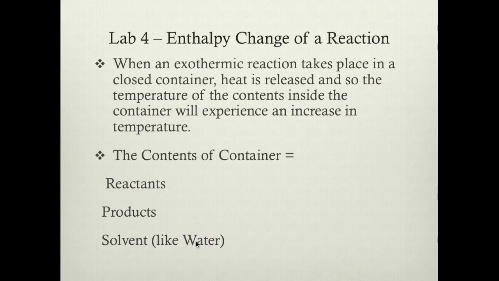All right, so these are some of the contents. The initial materials you start out with are called the reactants, and the reactants are then getting transformed into products through the reaction, and then the heat that is generated is now being distributed into the water into which those materials are dissolved, as well as the walls of the container.